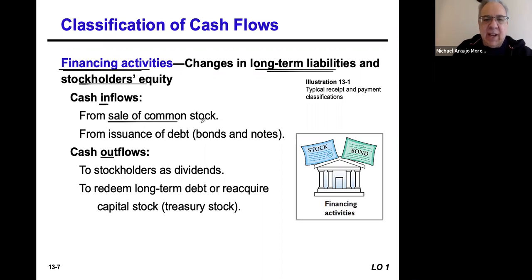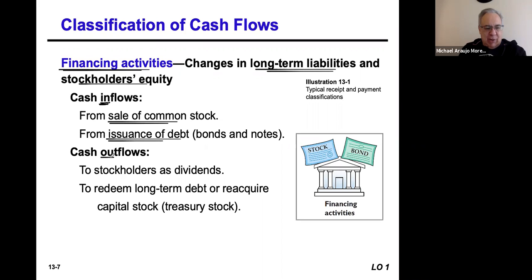If they issue bonds or debt, what's happening there, cash is coming in, right? They're borrowing money, so cash is coming in. So inflow, sale of common stock or a sale of debt would bring cash into the company.